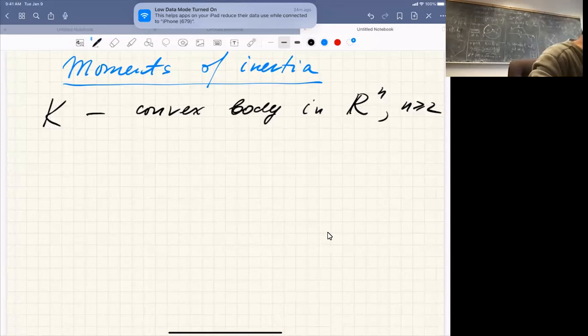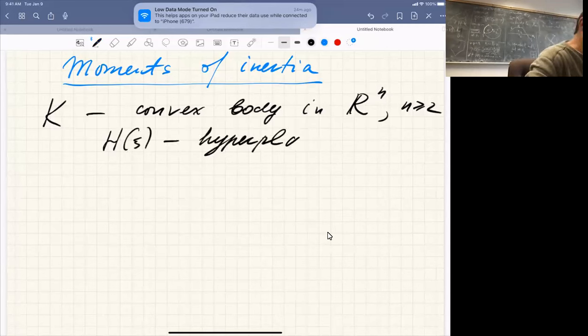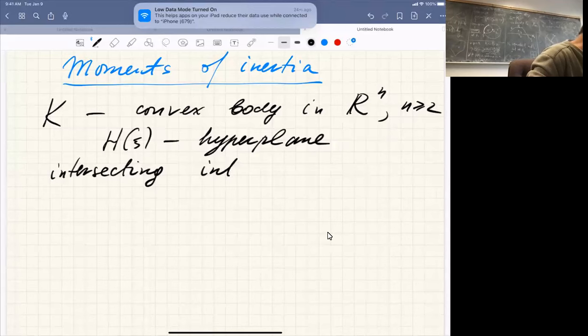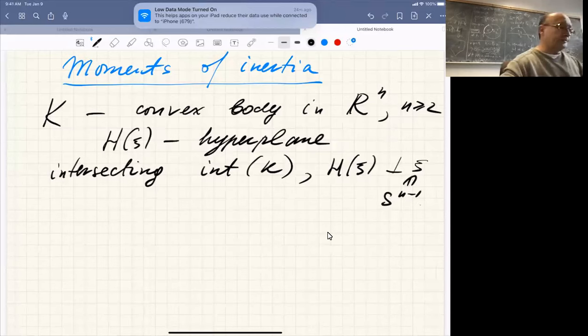And then think, please, about H of Xi. This is just some hyperplane, intersecting the interior of K. And I want this H of Xi to be orthogonal to the direction Xi. The direction Xi is some direction on the unit sphere. Okay.